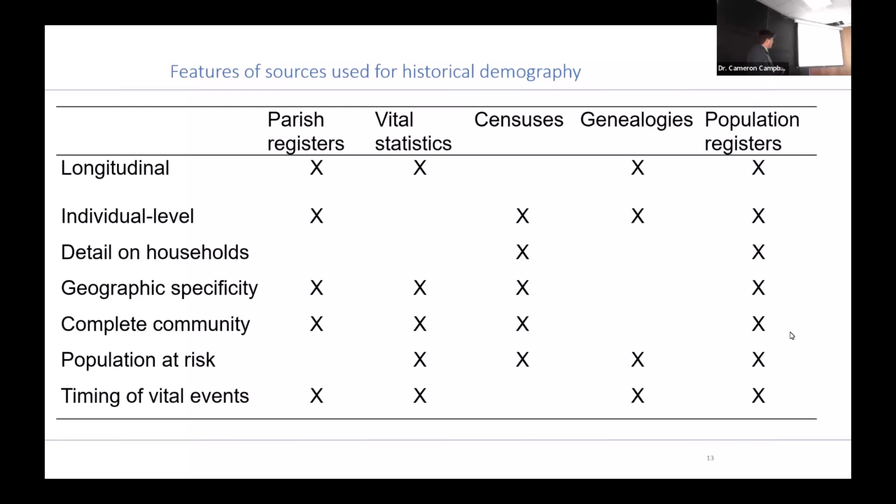These other sources only have a few of each. Censuses are great, but until recently they were not longitudinal. Right now, of course, there are all sorts of linking projects, Steve, Leah Boustan, all sorts of people are linking censuses, but you're taking individuals across 10-year gaps, and it's probabilistic.